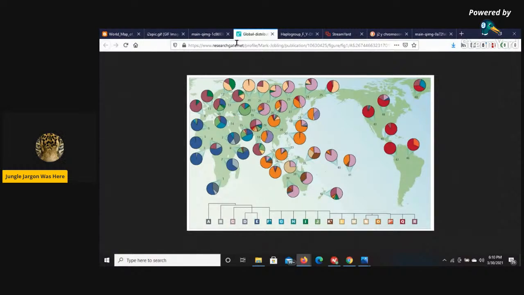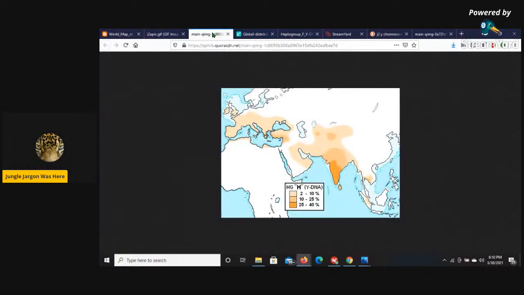Either way, it's the same number of Y chromosomes as it is the sons of Shem. So it does match up.